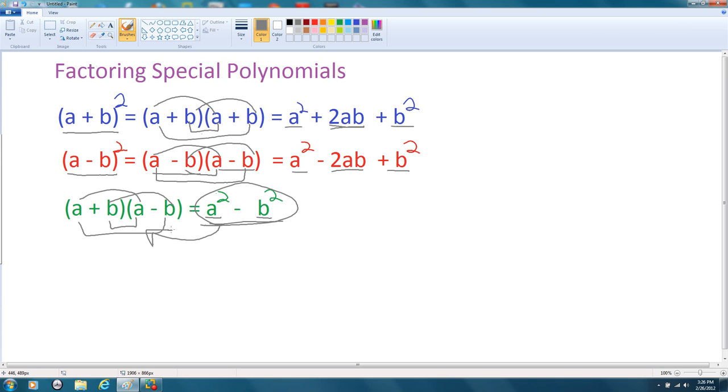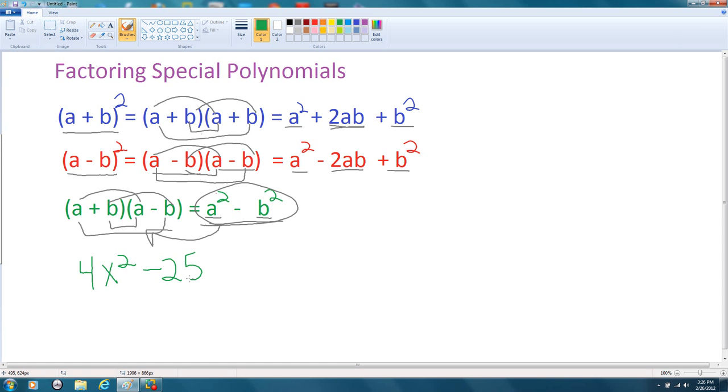Let's start with one of these, for example. I will do this in green since it's like the green one there, this difference of squares. If I have something like 4x squared minus 25, I look at that and I say, hey, that's a difference of squares. And if I need to factor that, I know it's going to be a squared minus b squared.